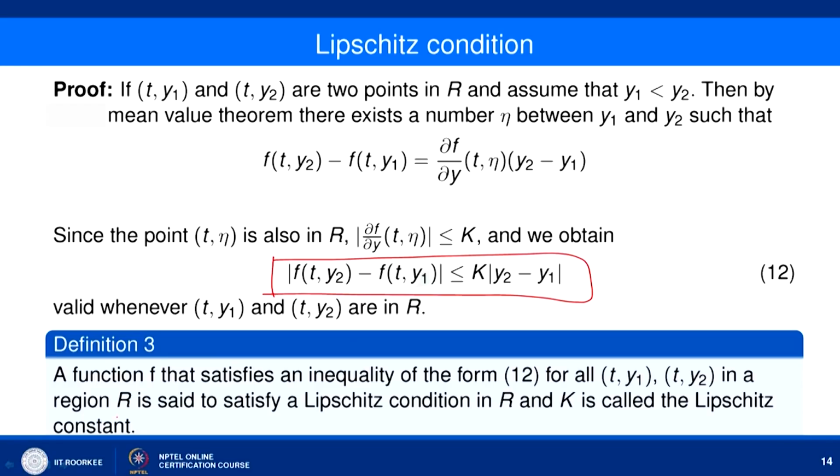A function f that satisfies an inequality of the form 12 for all (t, y1), (t, y2) in the region R is said to satisfy a Lipschitz condition in R, and k is called the Lipschitz constant. So, it means that if f satisfies the condition given in 12, then we say that f satisfies the Lipschitz condition, and the constant appearing here is called the Lipschitz constant.